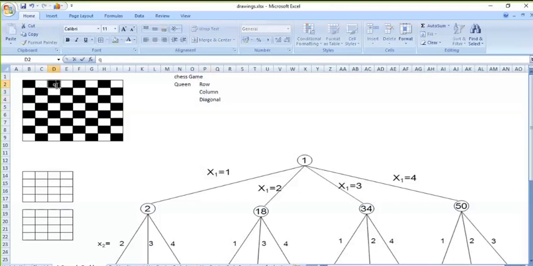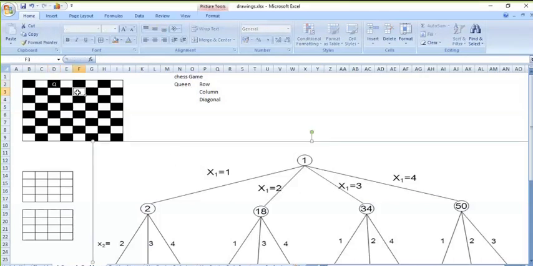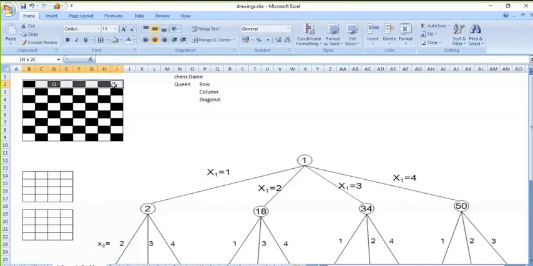This queen can be moved row wise, column wise, or diagonal wise. We can move it in this particular direction.